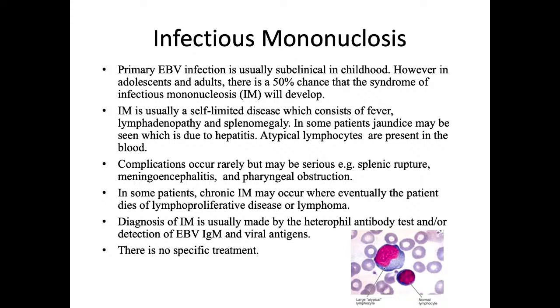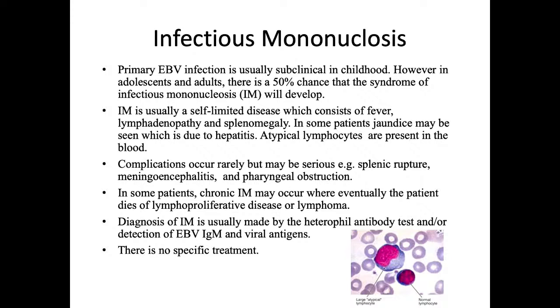Of course, we can also do PCR, we can detect specific antibodies to Epstein-Barr virus, and we can also detect viral antigens. So these are also diagnostic tests. And in Epstein-Barr virus infection, we see atypical lymphocytes, which are activated lymphocytes.